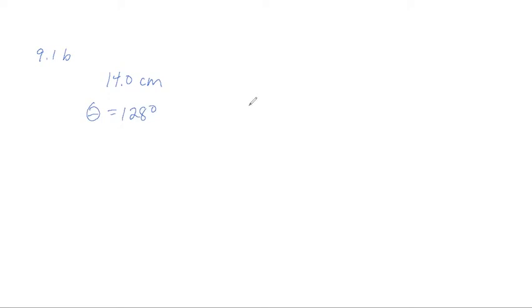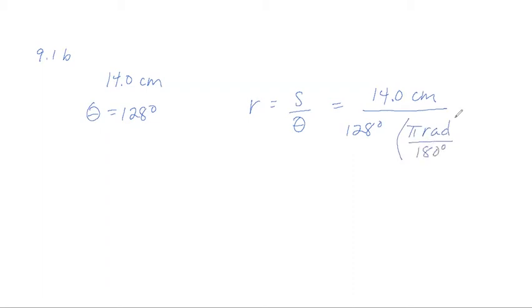All right, R equals S over theta, which equals 14.0 centimeters divided by, I've got to do that in radians, 128 degrees times pi radians over 180 degrees. And that will give us 6.27 centimeters.